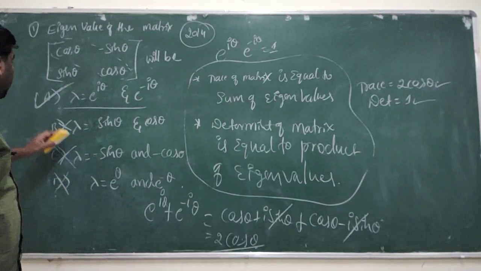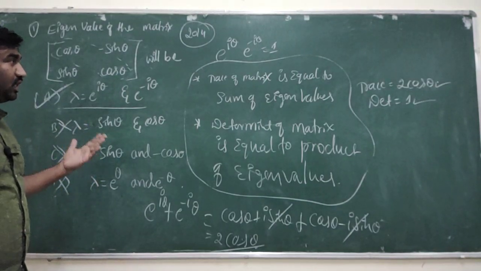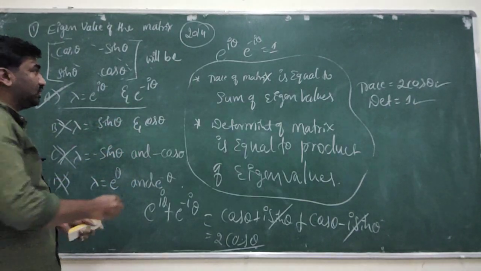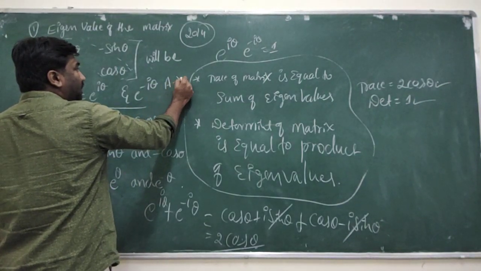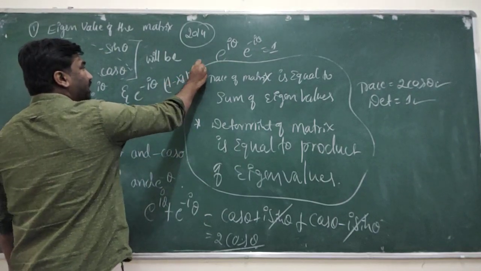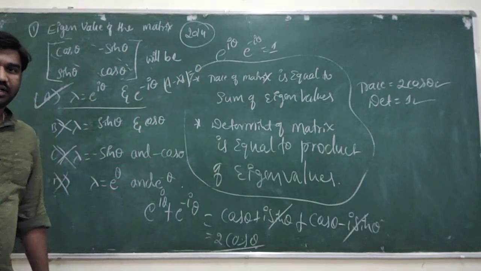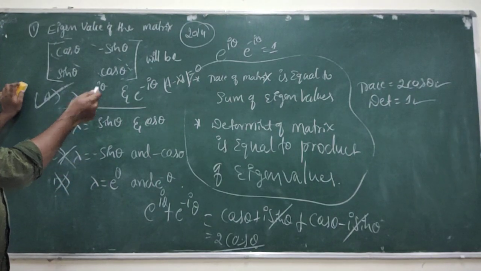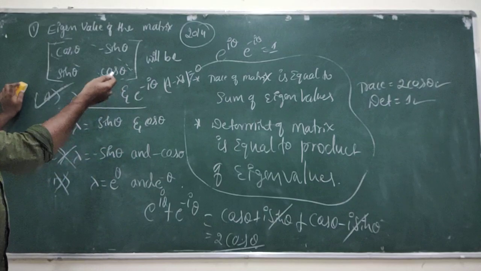We can also solve this by the characteristic root equation, that is determinant of A minus lambda I is equal to 0. By using this formula we can also calculate it, but here it's better to go through these properties.